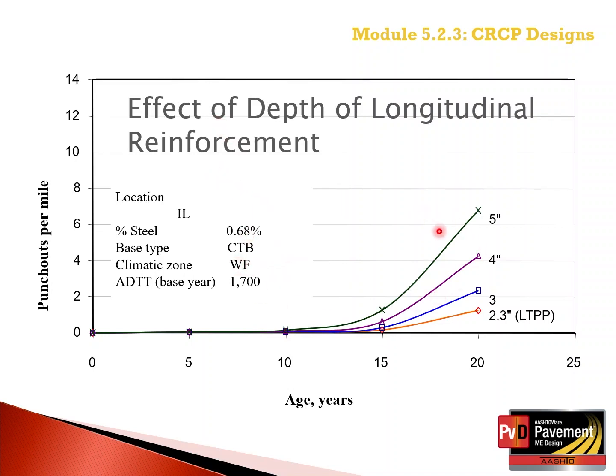So the effect of longitudinal reinforcement, this shows 5 inches below the surface in terms of the number of punch-outs over time, 4 inches, 3 inches, and then 2.3 inches, which was in the LTPP program for some selected CRCP sections. So depth of reinforcement is important, and it's certainly something that the designer also has control over in terms of the project specifications.